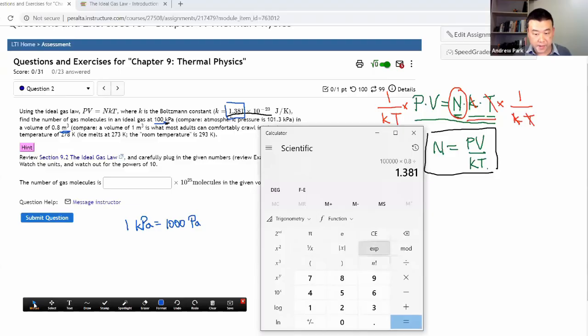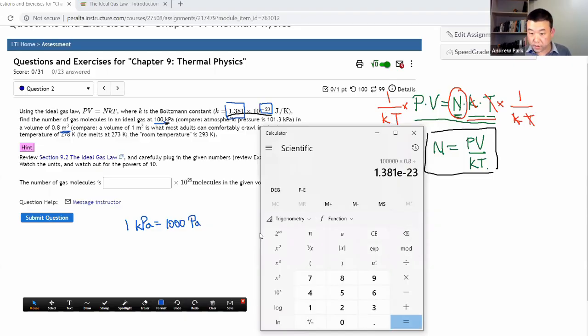And when I type in the EXP key, it gives me an option to put in an additional number. That additional number in the E notation is the power of 10. So it's going to have to be minus 23. The only way I can enter that is to type in 23 first, and then this key to make it minus. So you see 1.381 E minus 23, and that's the number I'm dividing by.